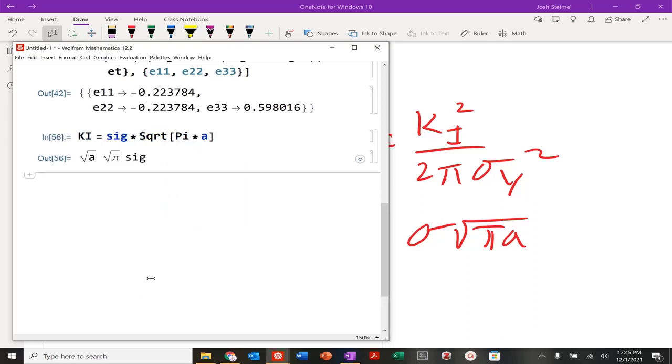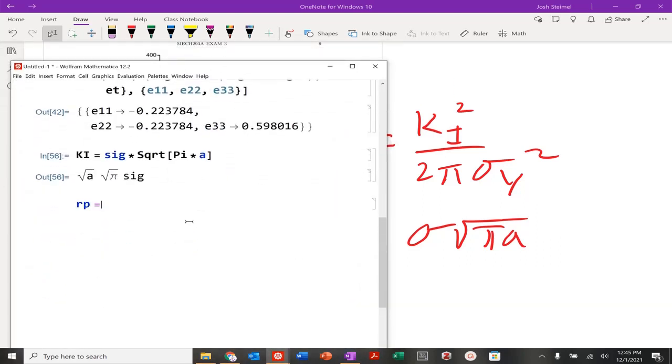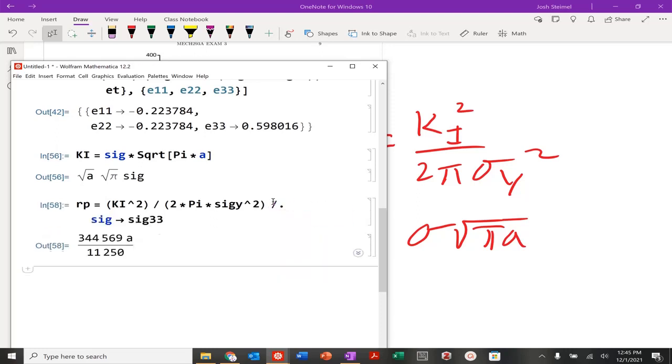In this problem in particular, I could set my rp equal to K1 squared divided by, again, I'm a parentheses person, you don't have to do that, 2 times pi times sigma y squared. So you can see our value is a function of sigma and a, but the sigma that we're applying here is sigma 33 in this problem. That's for sure. Now you have your radius of plasticity as a function of your crack size a.